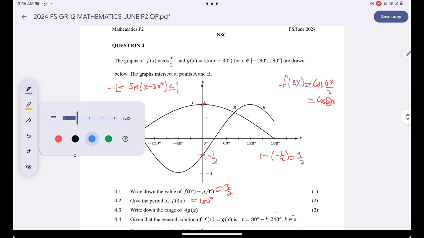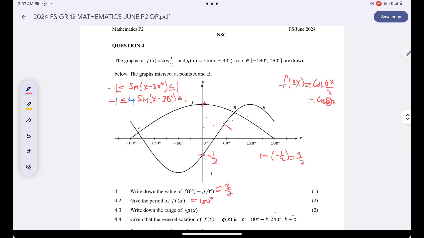But if I put a 4 in front here, basically multiply by 4, that means I must do so on the left hand side and the right hand side as well. If I multiply by 4, I must multiply by 4 here as well.